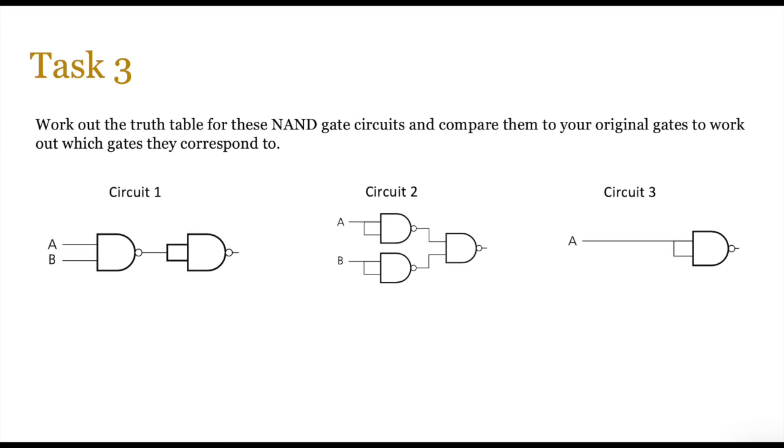So work out the truth tables for these circuits and then compare them to your original gates, and then see which of those gates are represented by these NAND circuits. And that will give you a hint. In the exam, you'll get questions like this, where you will need to simplify a logic circuit using NAND gates. So do pause the video and go to this task.